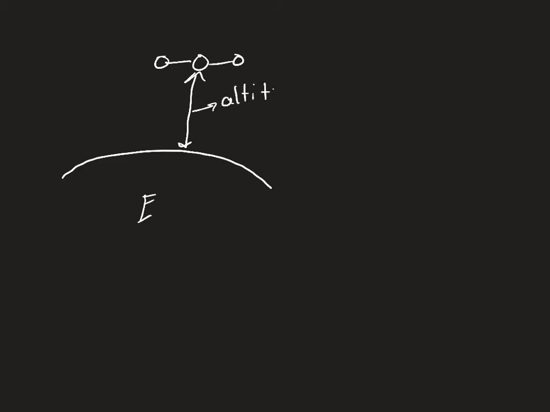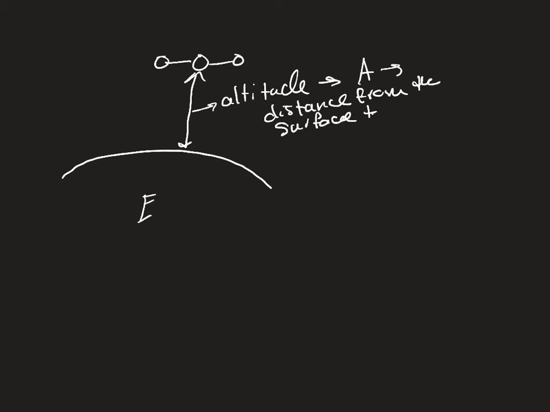If we have an object like the Earth that is large and there is a satellite in orbit around it, you may in a problem be given the altitude. And this is the distance from the surface to the object.